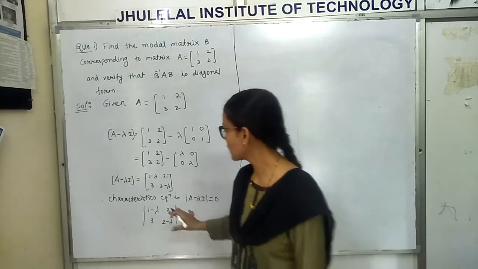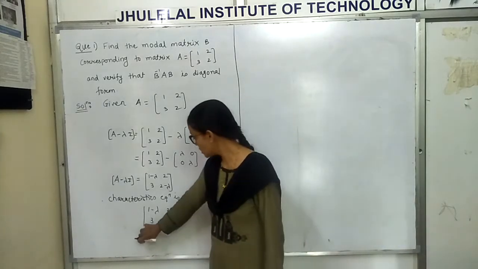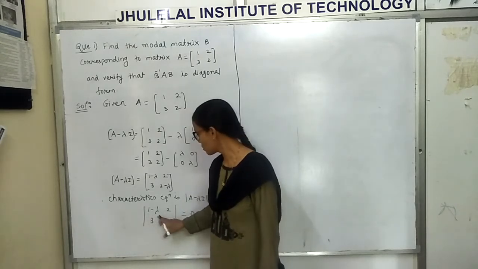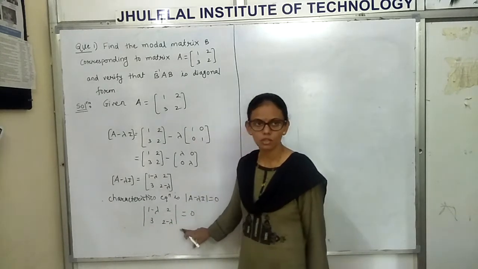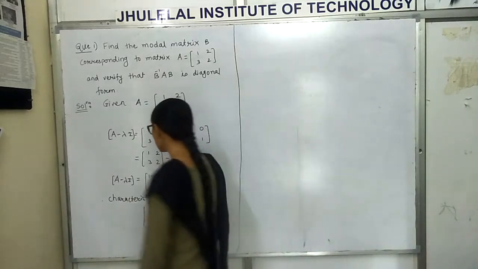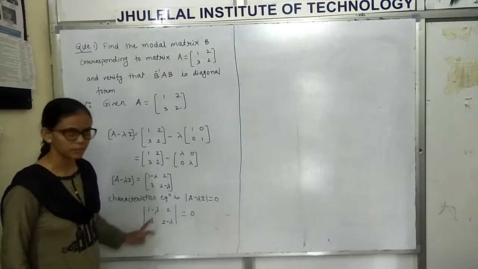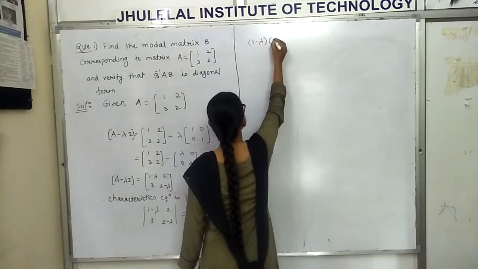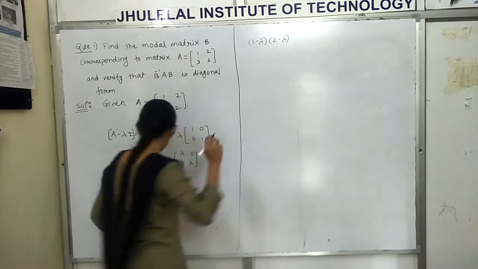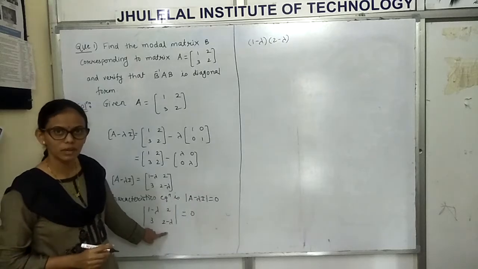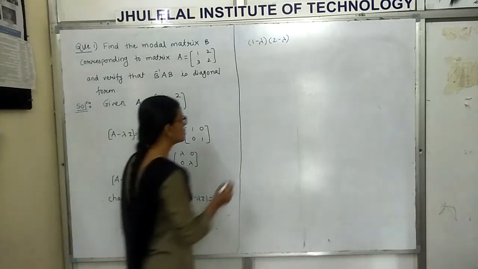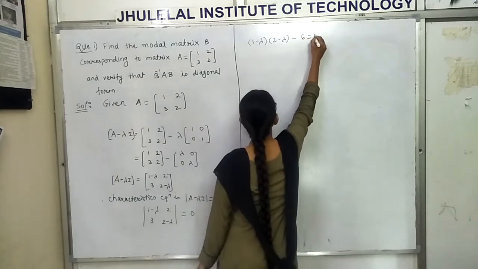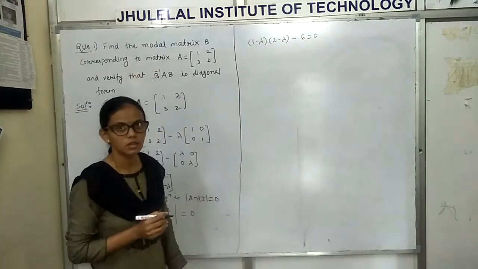It cannot be solved in the calculator because here the scalar lambda is involved. So we can directly evaluate the determinant by cross multiplication: 1 minus lambda into 2 minus lambda, minus 2 into 3, that is 6, equal to 0.